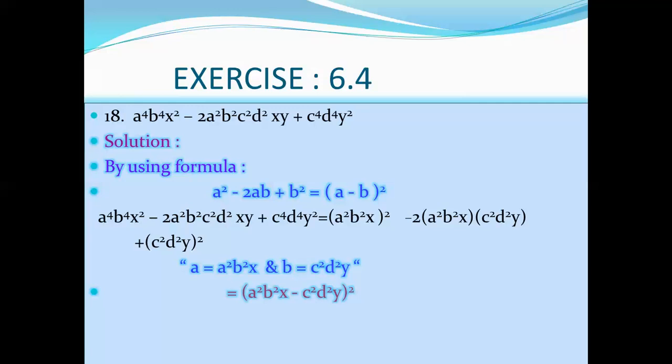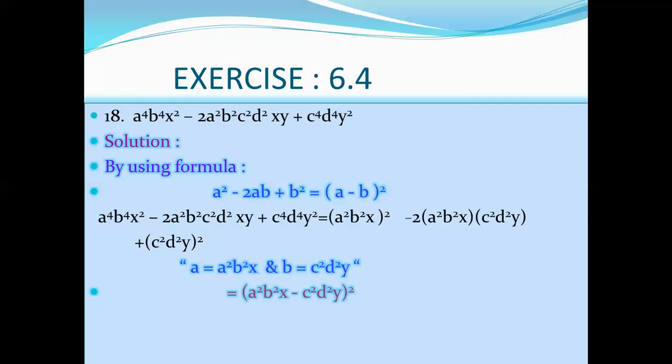We see that a is a square b square x and b is equal to c square d square y. There is a negative sign, so we'll apply the formula a square minus 2ab plus b square is equal to a minus b whole square. So we put the values over there. Instead of a, we write a square b square x.